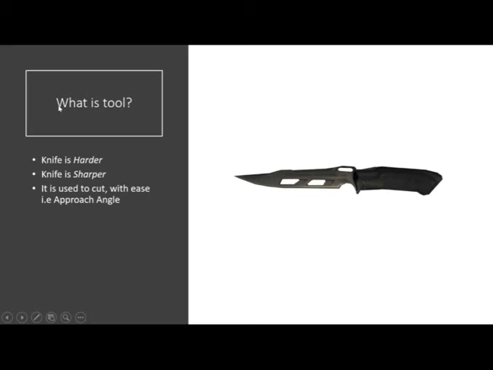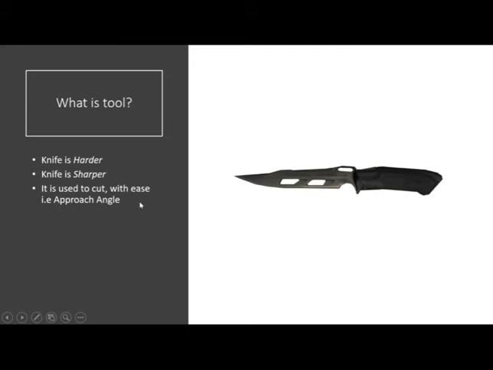So let us discuss what a tool is. Here you are going to observe a knife. A knife is harder, a knife is sharper. It is used to cut with ease, that is the approach angle.